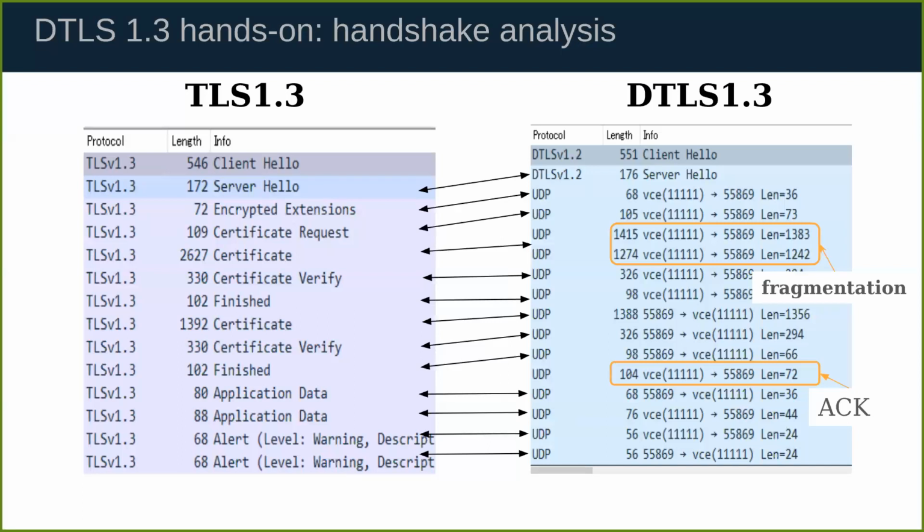Also, an interesting thing to note is that the final finished message has to be acknowledged. It's not something that's shown in the handshake flow diagrams before or even in the specification, but the final finished message of the client needs to be acknowledged by the server. If it's not acknowledged, then the client will try to retransmit it and wait for the final acknowledgement.